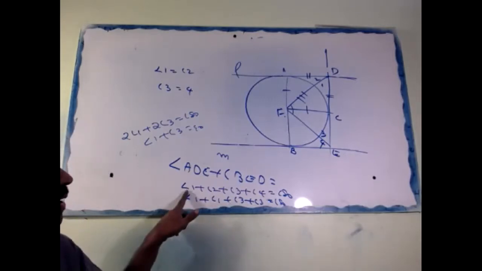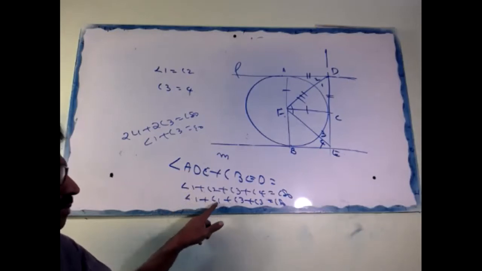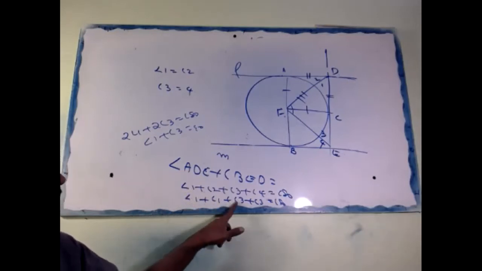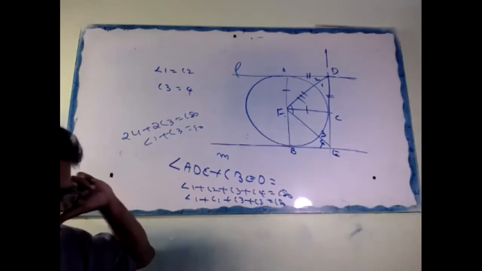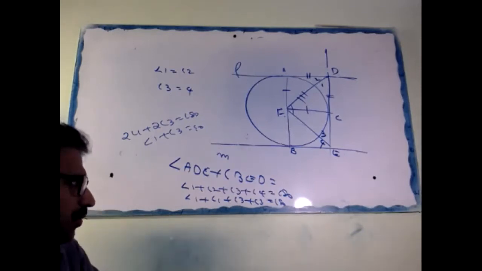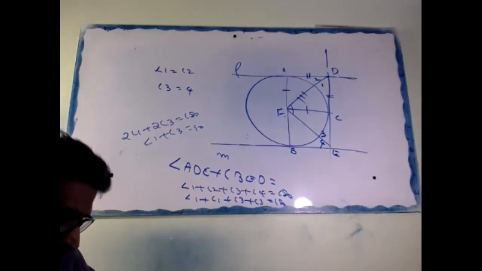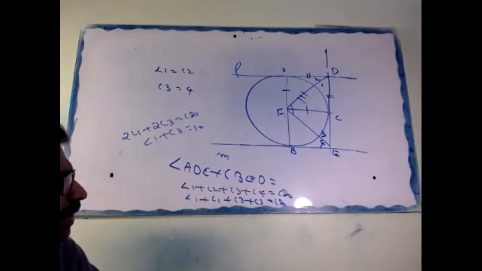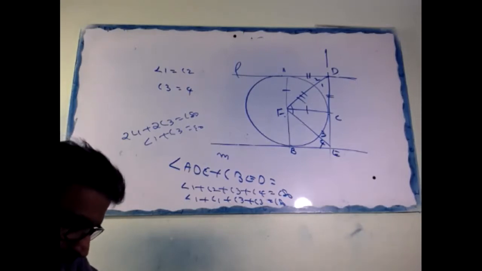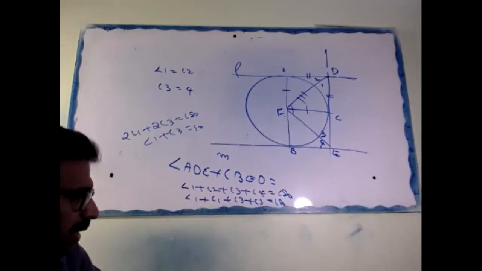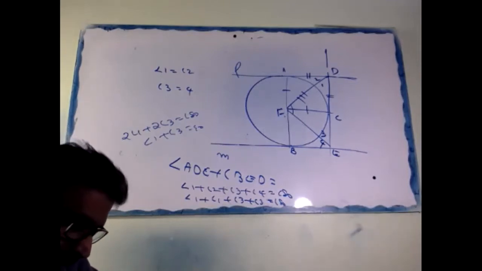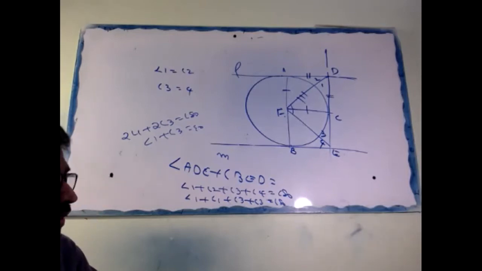Then angle 1 plus angle 1, angle 3 plus angle 3 is 180 degrees. Then 2 times angle 1 plus 2 times angle 3 equals 180 degrees. That means angle 1 plus angle 3 equals 90 degrees.